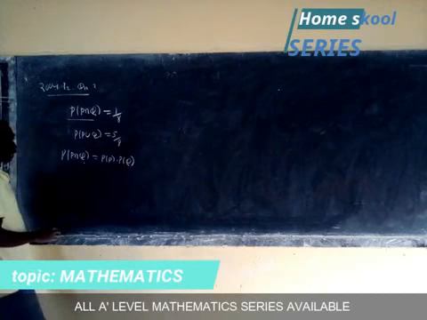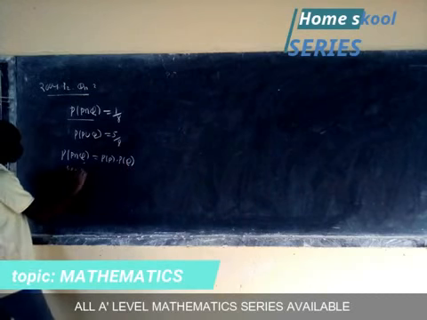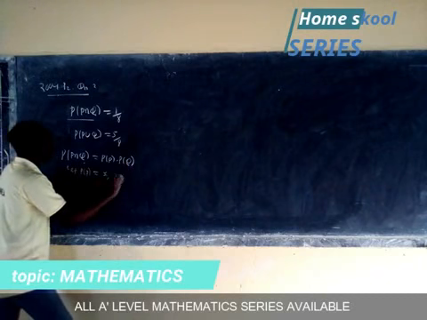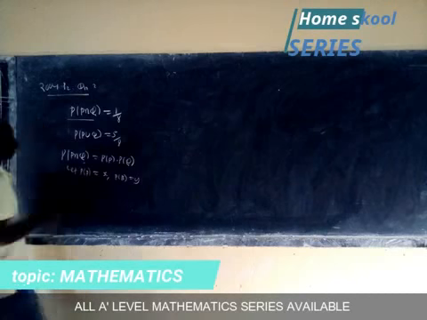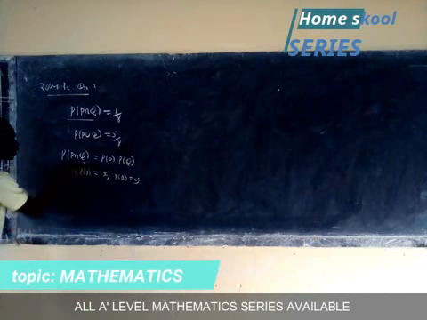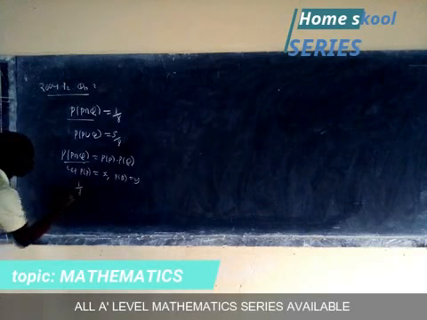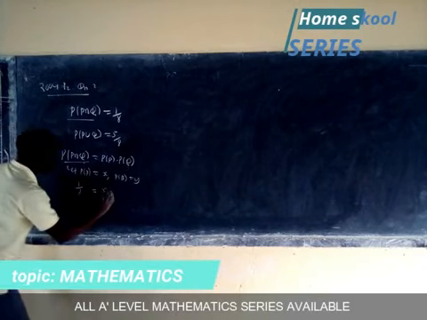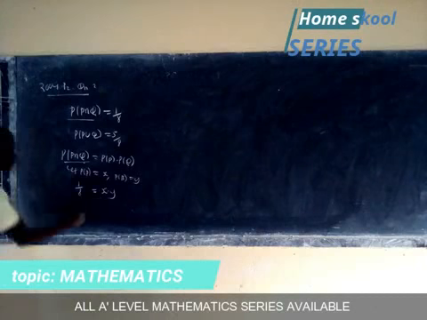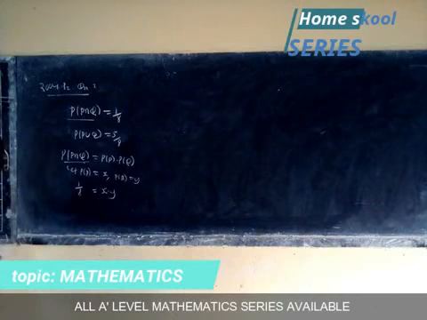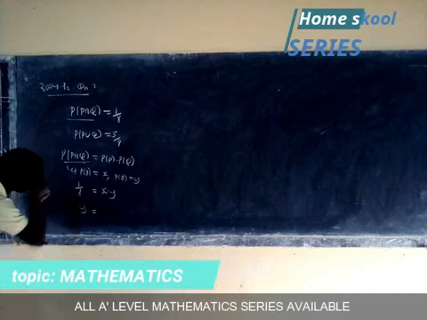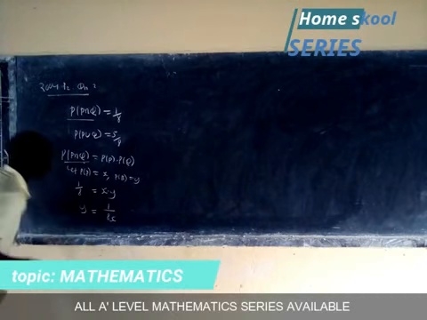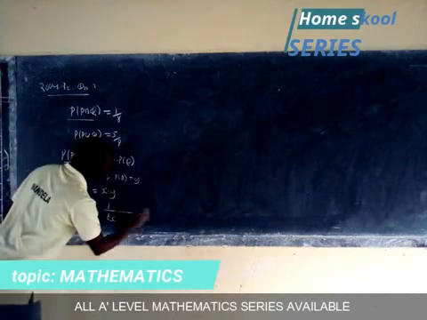What I can do, I would say let the probability of P be equal to X and probability of Q be equal to Y. Whereby in this case, this one I know as 1 divided by 8. This one I've called X, here I've called Y. Meaning from this one I can make Y the subject. Y would become 1 divided by 8x. I call this number 1.